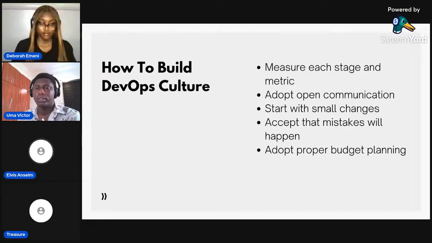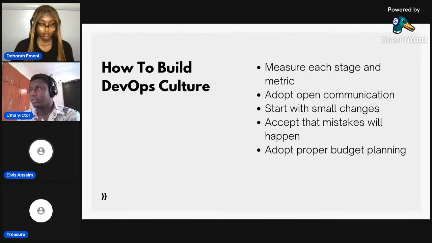Also, adopt open communication, be open in your, again, teamwork, right? Don't keep your cards to yourself. Open up, right? Poor passage of information, the poor use of expertise and labor, especially in the place of work, is one of the most fundamental problems when it comes to DevOps engineering.